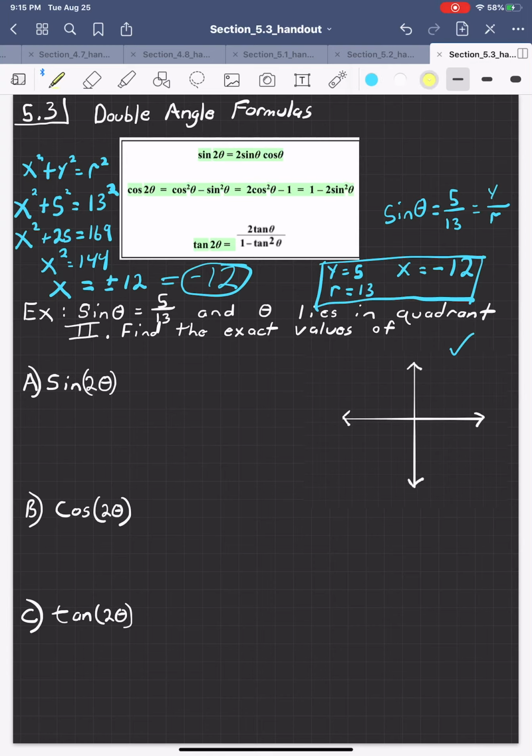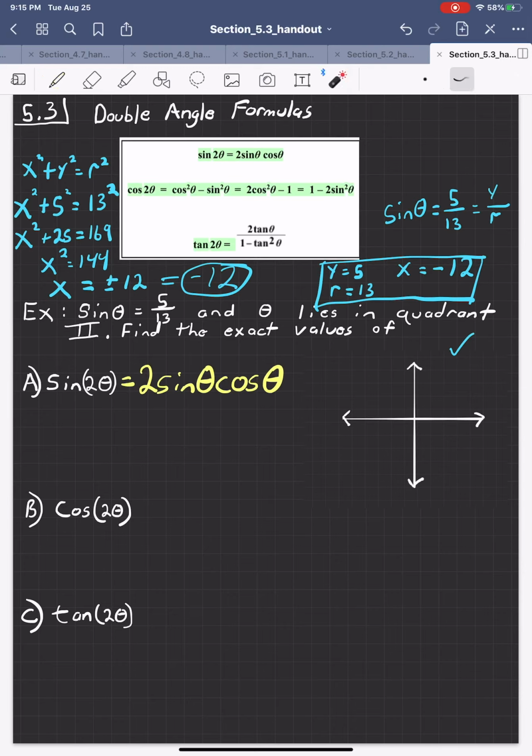So let's start with sine double theta. Remember from the formula, all I'm doing is grabbing this formula and let's rewrite it. So sine of double theta can be rewritten as 2 sine of theta multiplied by cosine of theta. All right.